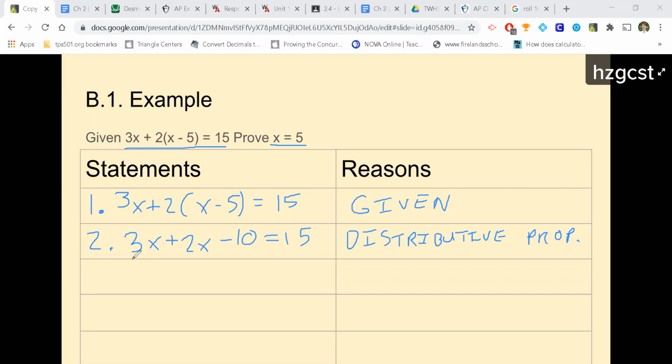So I'm going to simplify this because I know 3x plus 2x can be combined together to be 5x. And again, I did that by combining like terms.